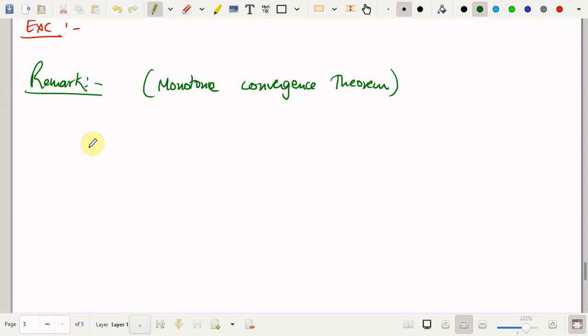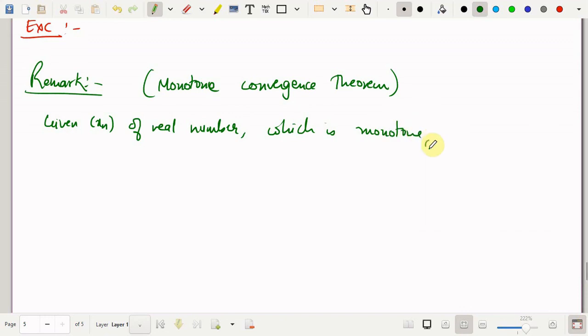So a given sequence x_n of real numbers which is monotone is convergent if and only if it is bounded. And the proof for this is the sum of both the proofs which we have proved above. Okay.